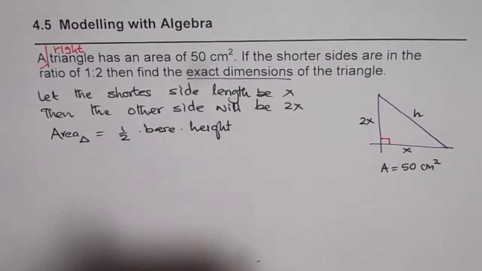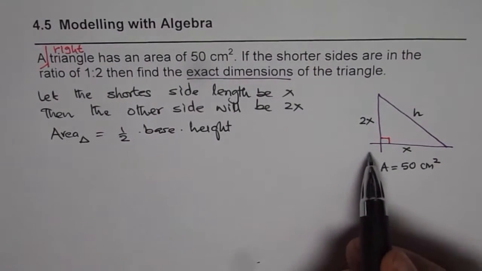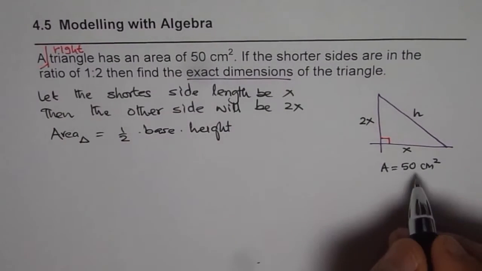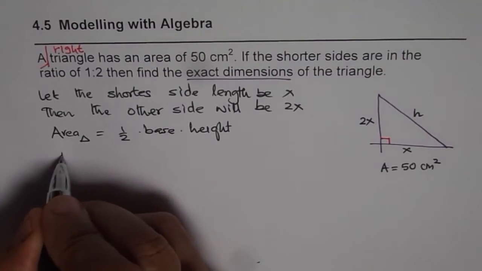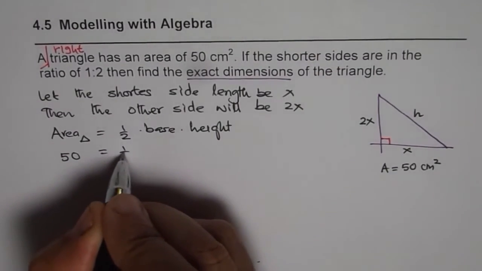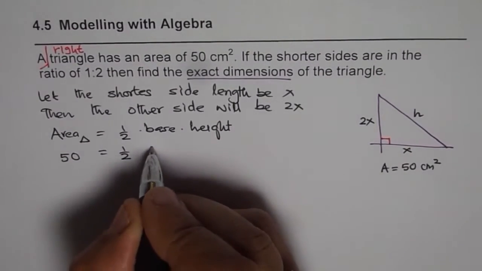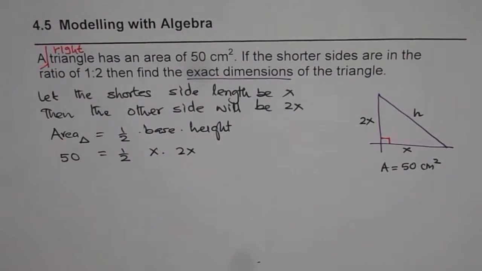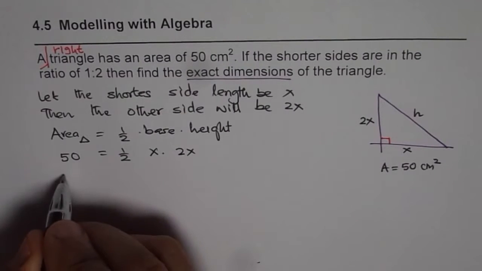So it's the product of these things. So we are given base, let it be x, and height be 2x. The area is given to us as 50 centimeters square. So let's say 50 equals half, base is the defined variable x, and height is 2x. So that is how we form our equation. So we can now solve it.